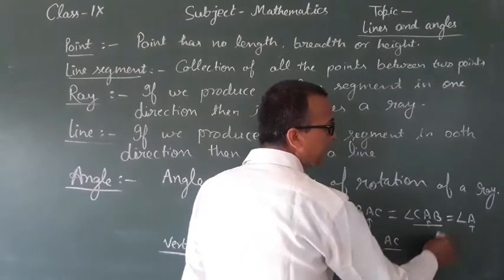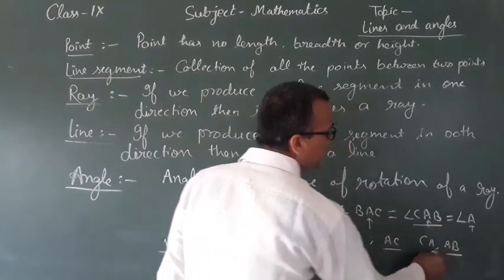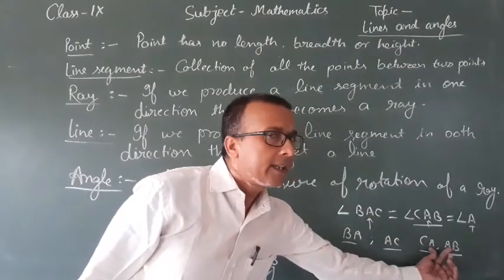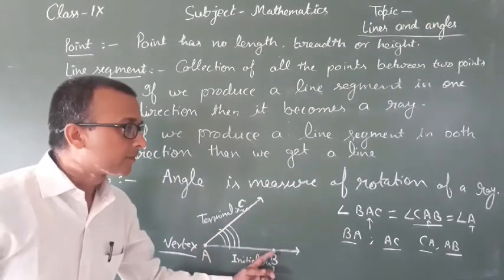Similarly, you can explain it. CA and AB are two line segments or rays which meet at the point A and make angle CAB.